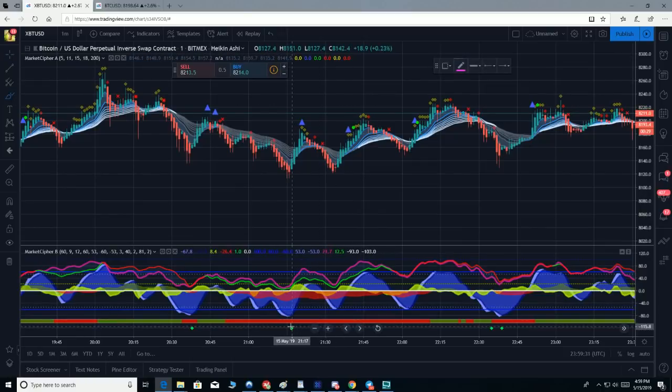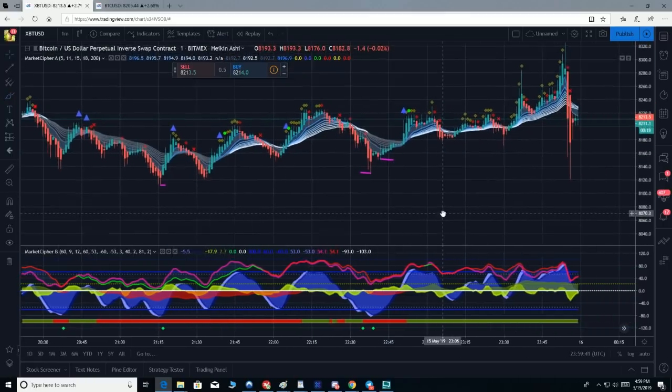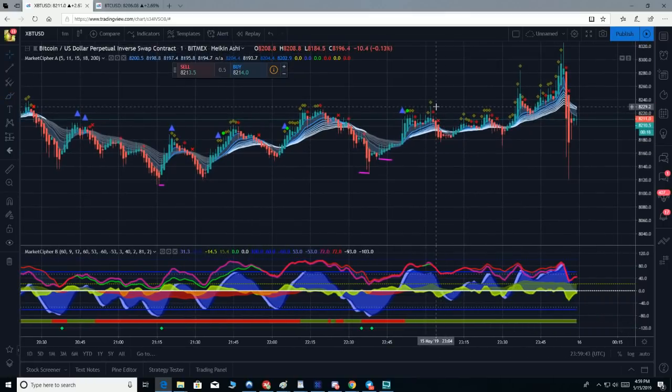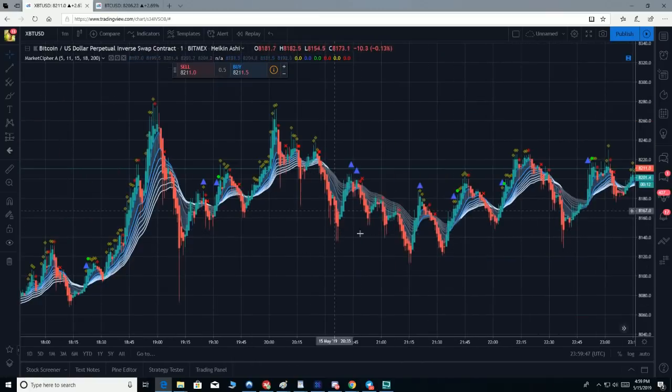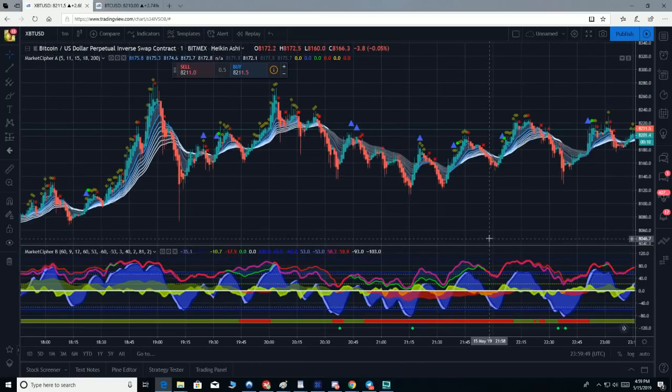So here, even on the 1 minute, bottom, 8100 goes up to 8180. Right here, 8129, 8150 goes up to whatever, 8229. So the green dots represent a long entry for my bot that I've created.